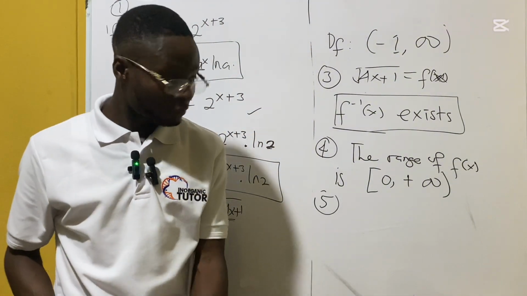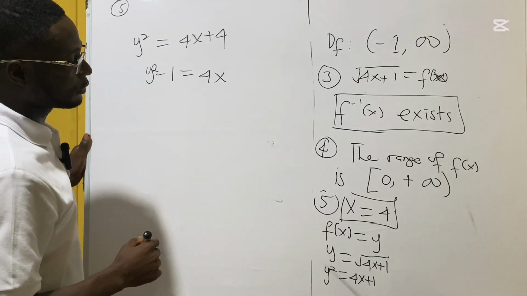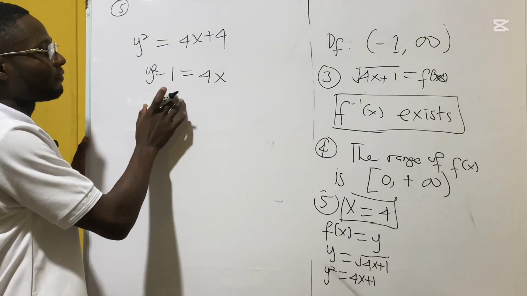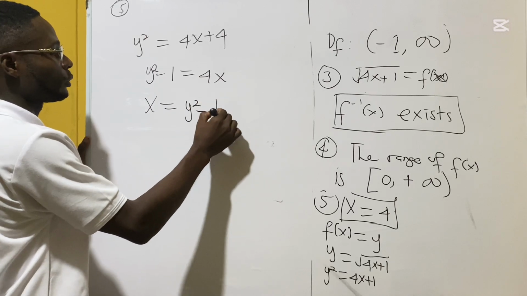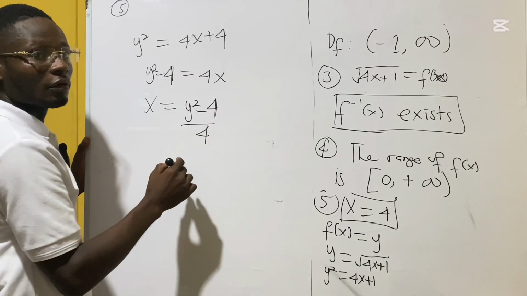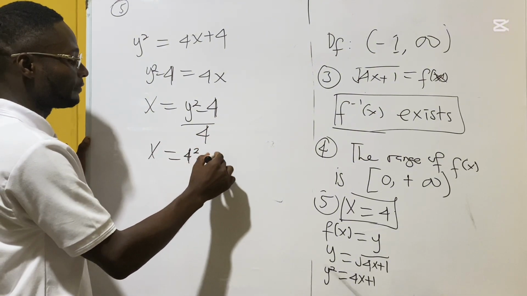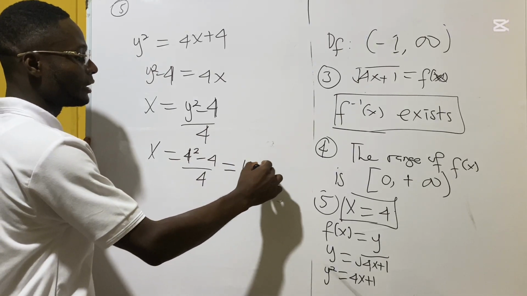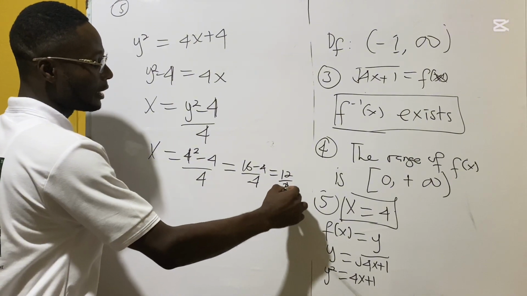So we move to problem number 5. We want to find the inverse of, okay, so we solve for x in terms of y. We're going to have x equals y squared minus 4 all over 4. So we have x equals 4 squared minus 4 all over 4, that is 16 minus 4 over 4, which is 12 over 4, and that is 3.